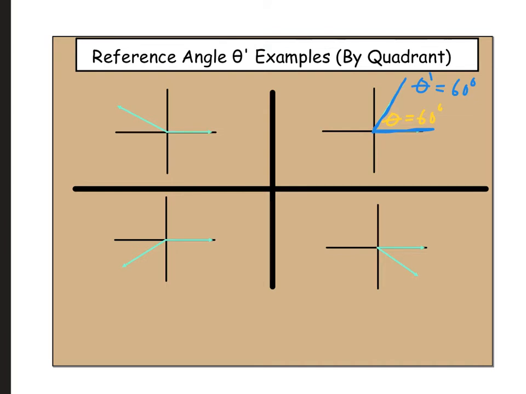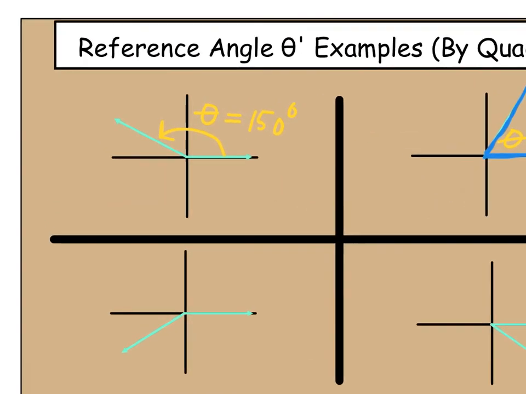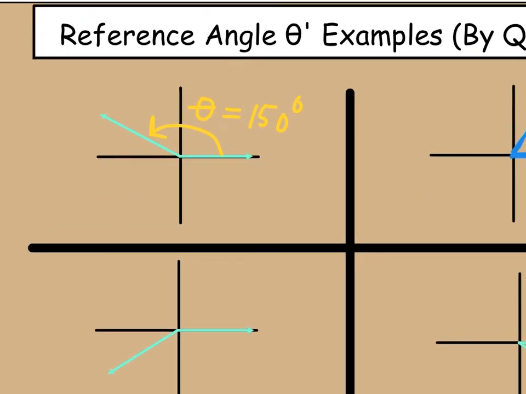Let's say we had an angle in quadrant 2. Let's just say that actual angle is 150 degrees, just for fun. So in quadrant 2, we need to have the terminal side right there, and we need to get back to the x-axis. This angle right here would be theta prime.